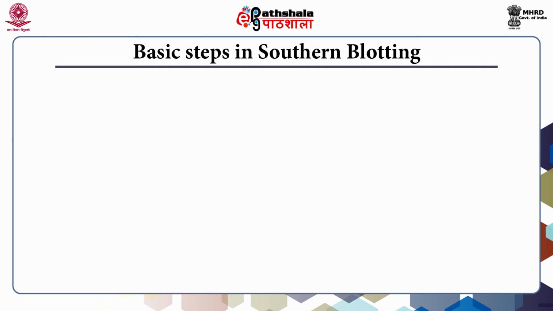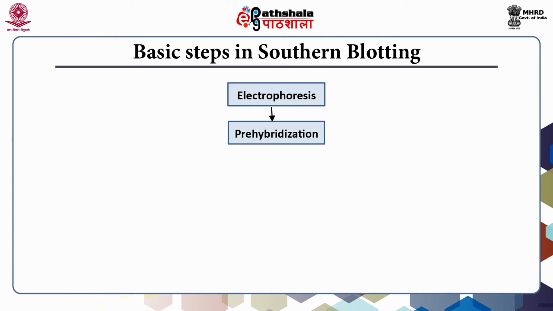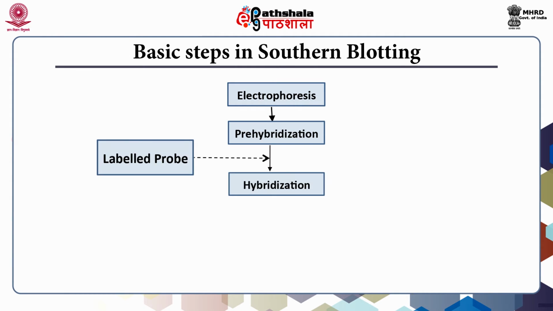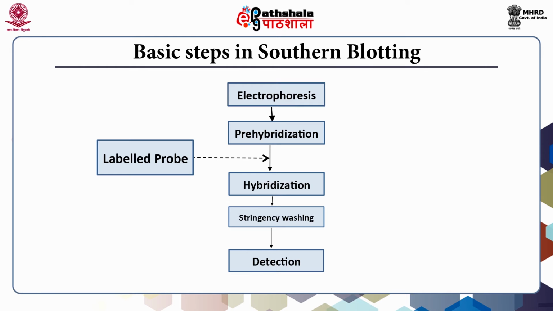The basic steps in nucleic acid blotting start with the electrophoresis of nucleic acid, transfer of separated nucleic acid from gel to membrane, immobilization of transferred nucleic acid in membrane, pre-hybridization, hybridization with probe, washing of membrane for removal of unbound probe, and detection of signal.